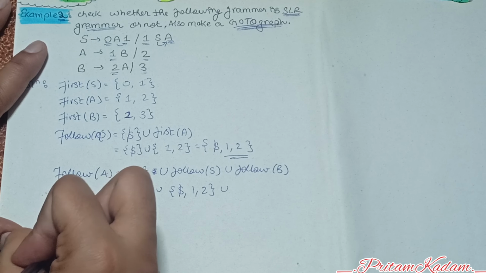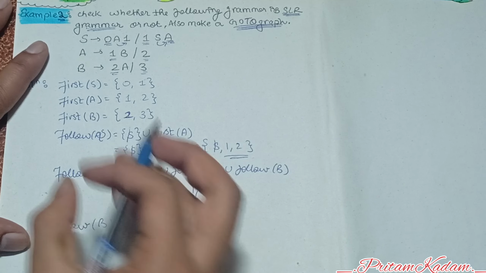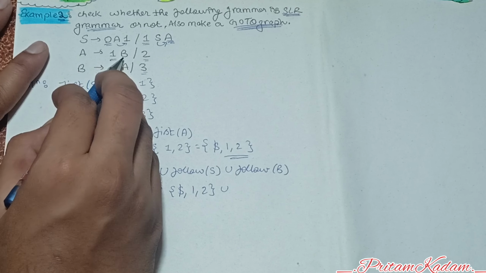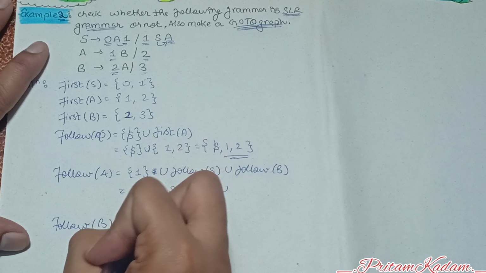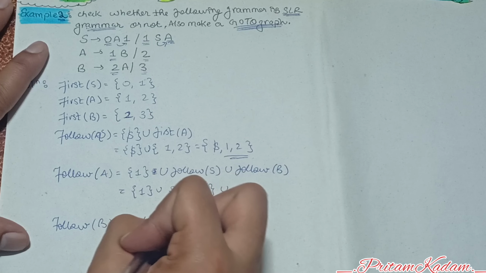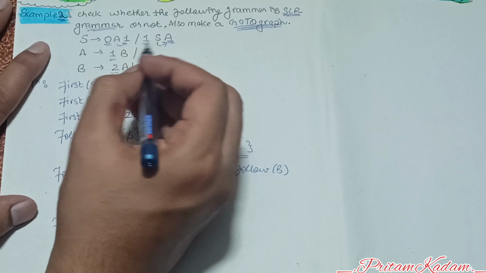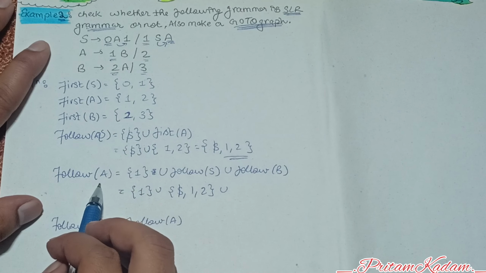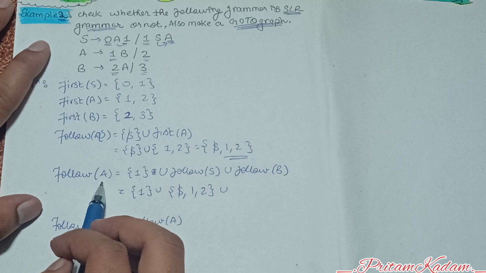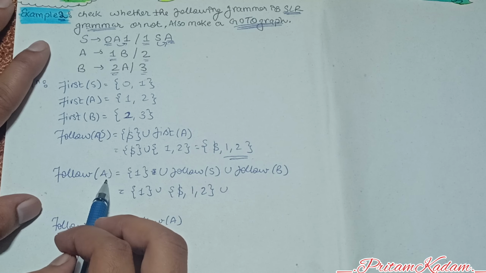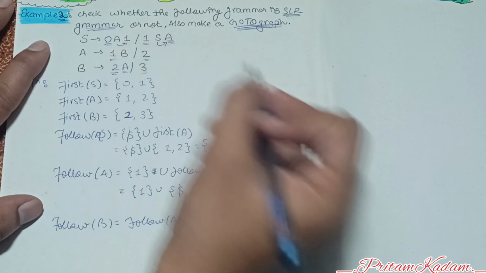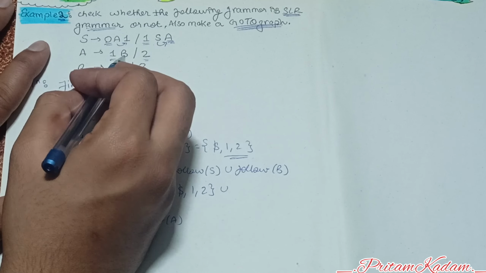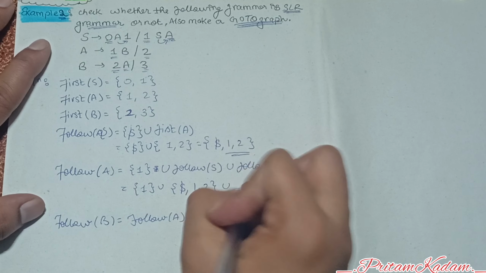For Follow of B, first of all we have to find it. B is followed by nothing, so we will go to the Follow of A. Whenever you come up with a kind of loop like that, you just have to complete the first Follow, that is Follow of A, and then write the whole thing inside the Follow of B, which comes up as {$, 1, 2}.